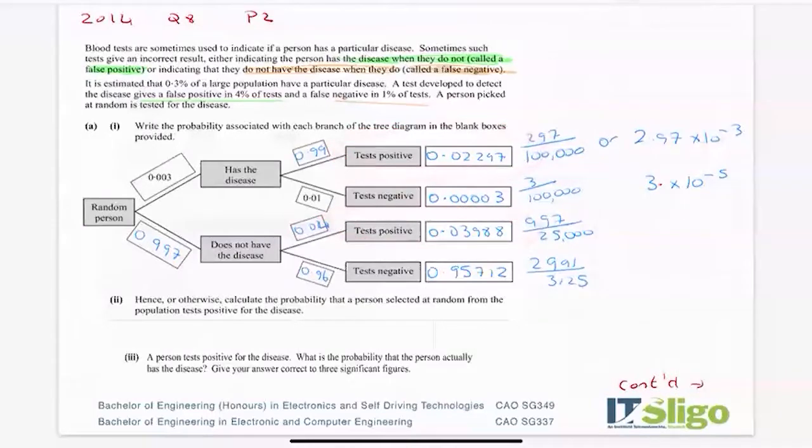They all test positive. So we end up adding those probabilities together because they all meet the criteria of testing positive. 0.03988 plus 0.02297.